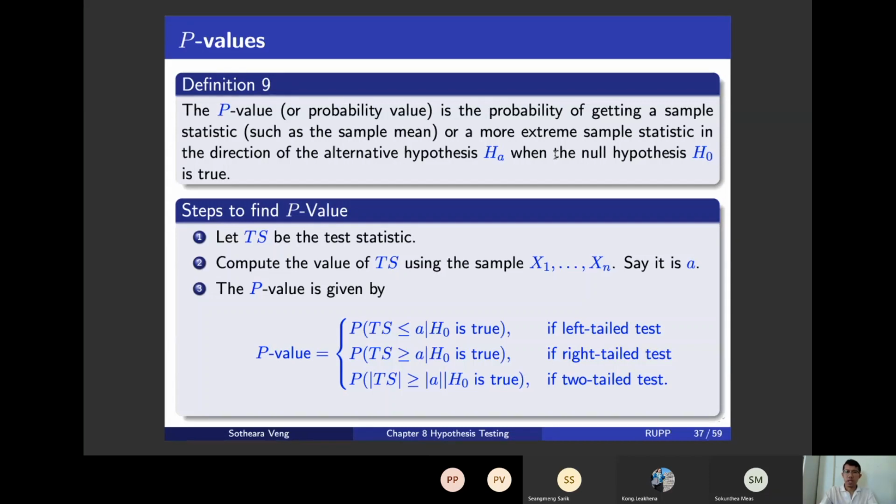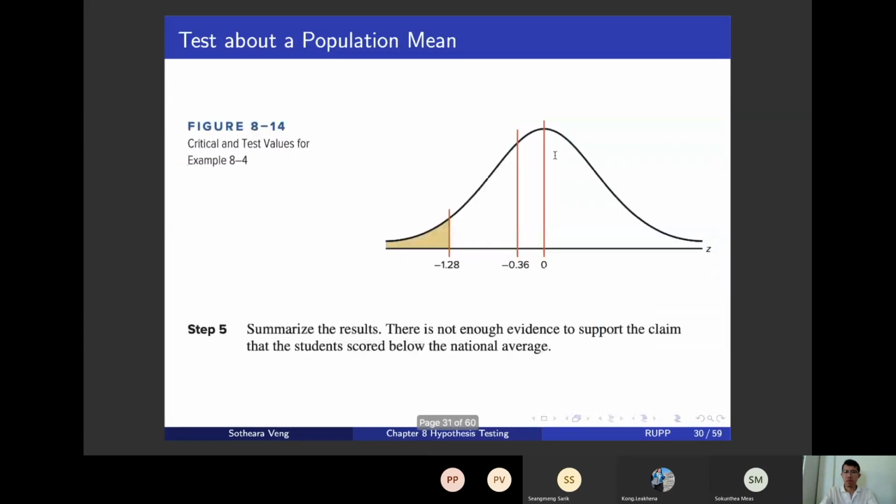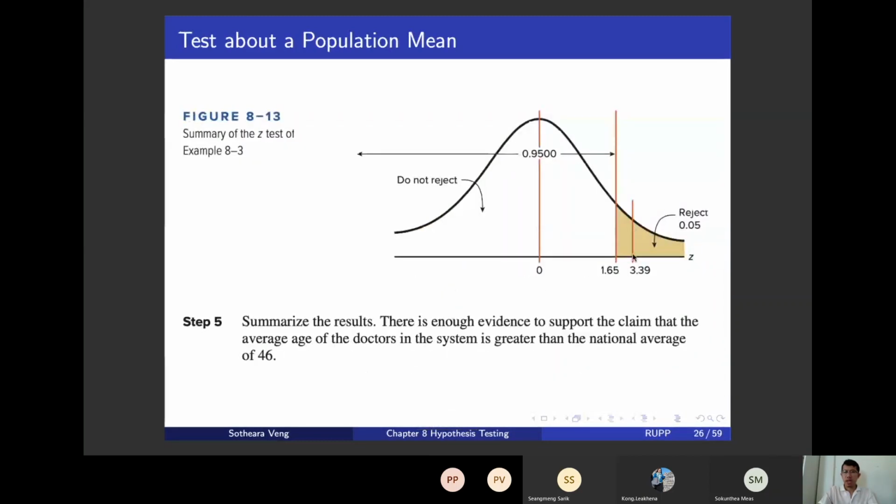Basically, if you look at this example, in this case, your significance level is 0.05, and you found that the critical value is 1.65.